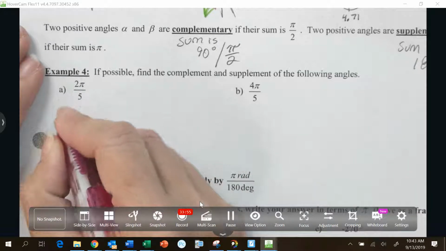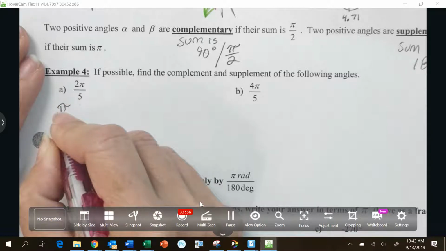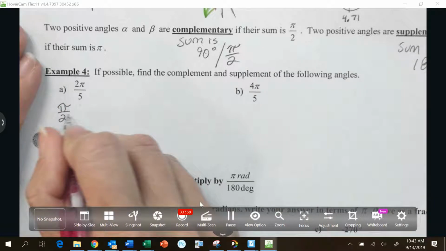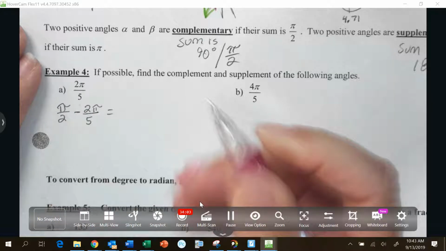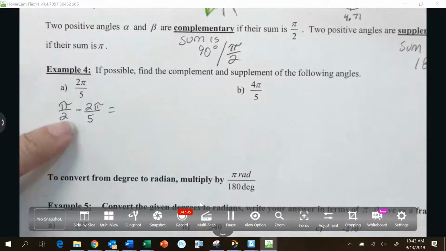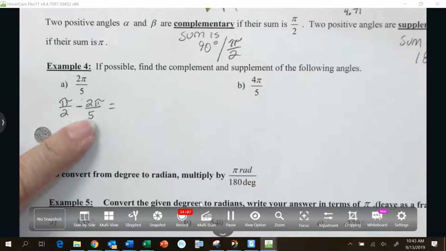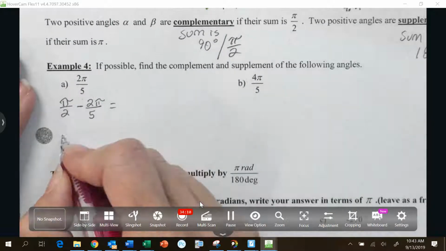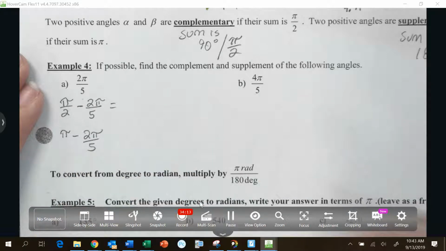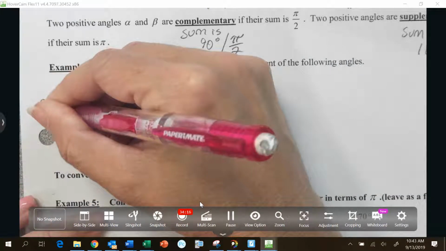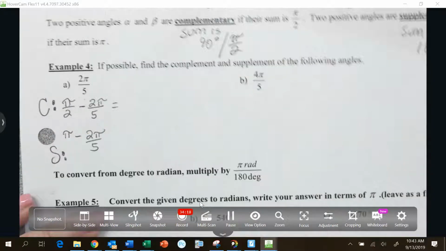We take pi over 2, which is that 90 degrees, and we subtract off 2 pi over 5 to find out what the other amount would be. So we take the 90, we subtract off the piece to find the other piece. We're also going to take pi, and subtract off 2 pi over 5, and that's to find the supplement. So this is the complement, and this is the supplement.